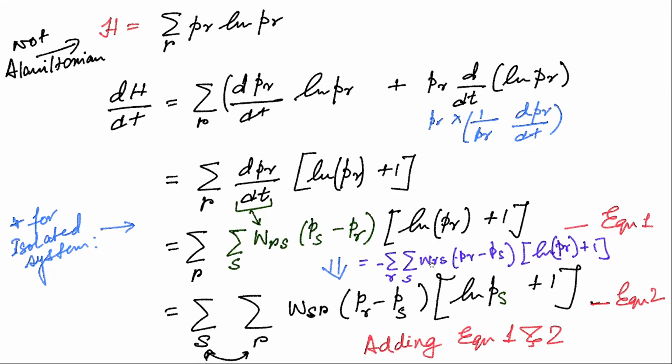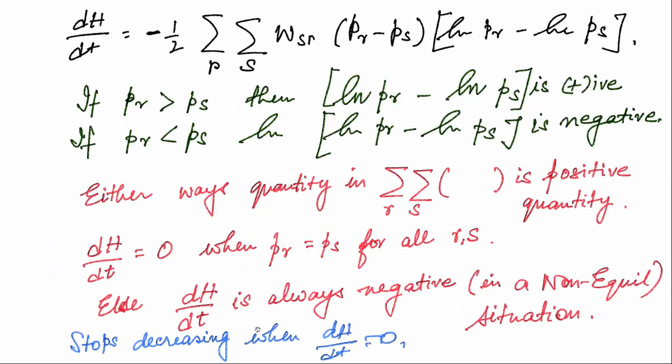Now we add these two. This is also dH/dt, and this is also dH/dt. We are adding them, so 2 dH/dt, and taking out the minus sign, we get 2 dH/dt equal to minus W, and basically PR minus PS.